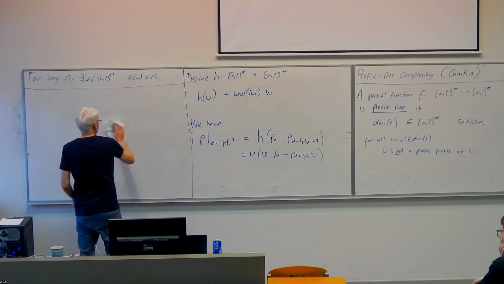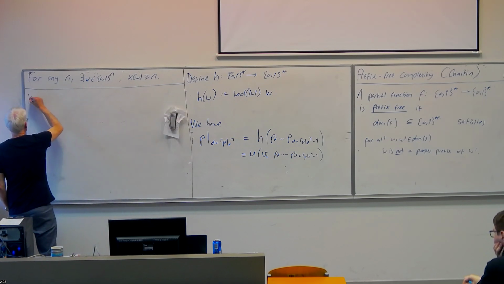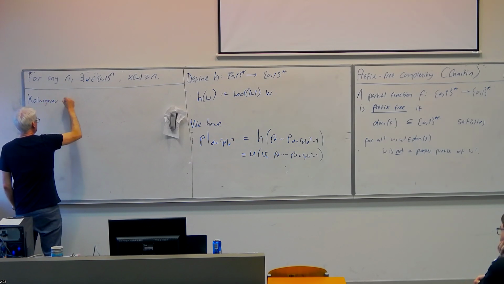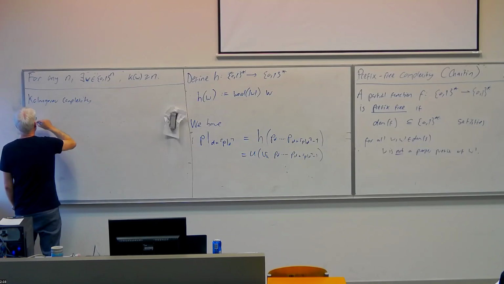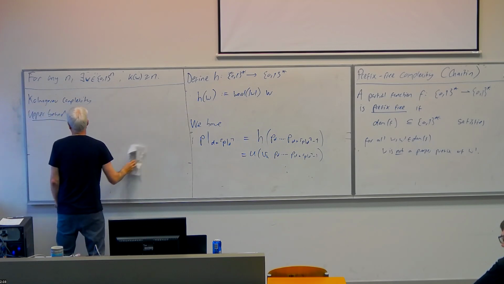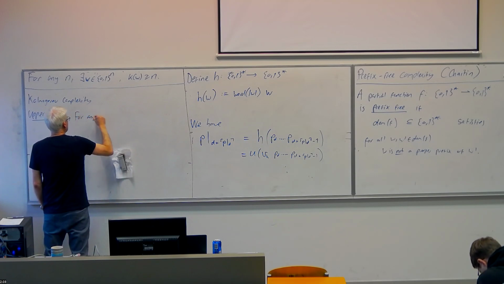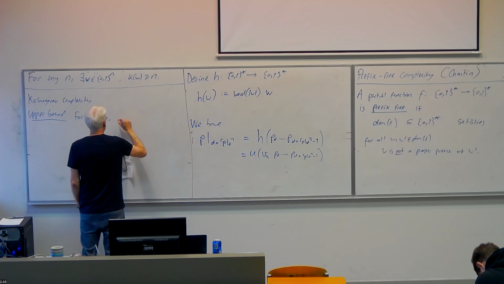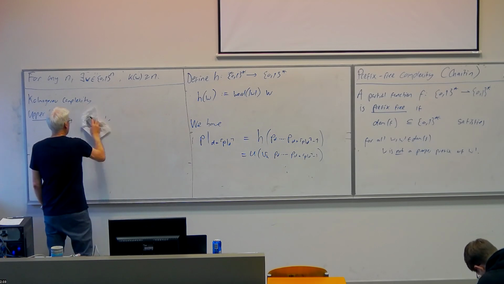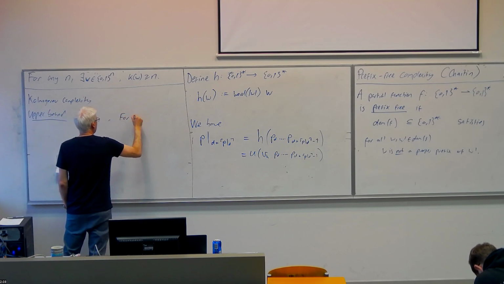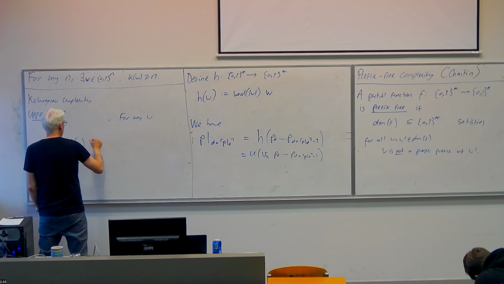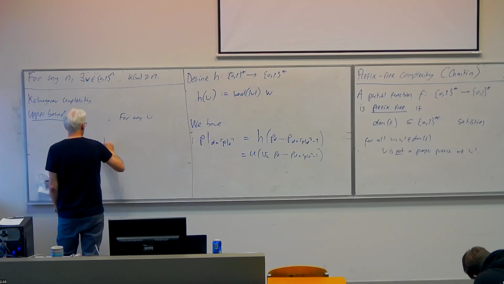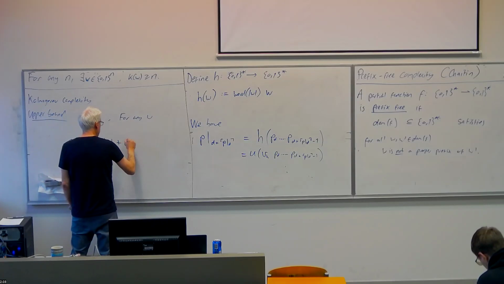For Kolmogorov complexity, we have the upper bound: for any w, the complexity of w is always at most the length of w plus some constant.